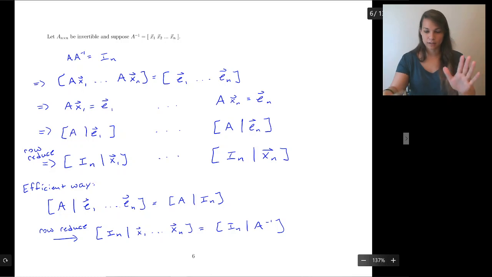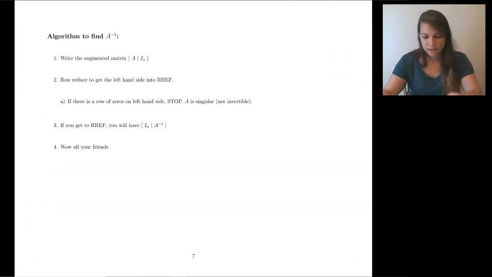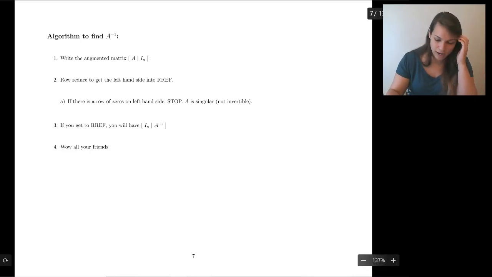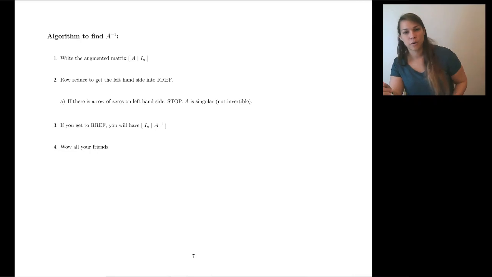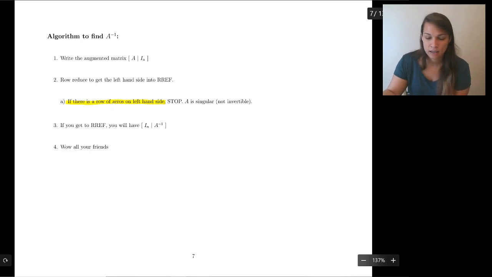Okay, summary. How do we find A inverse? You write the augmented matrix, A on the left, I on the right. You start row reducing. You're trying to get A into reduced row echelon form. If there's a row of zeros on the left-hand side, you need to stop.